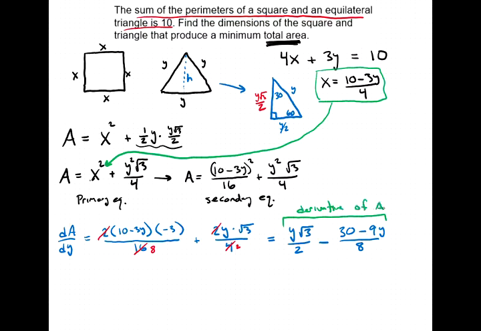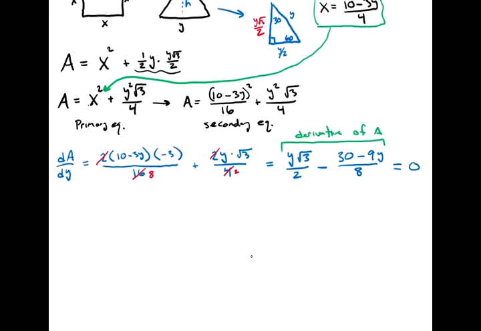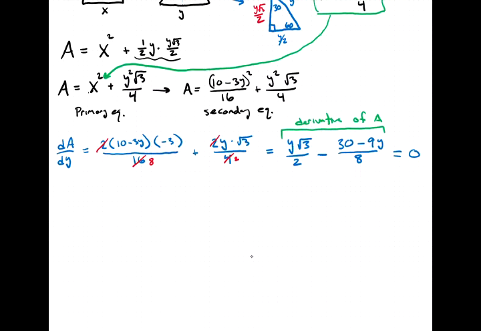Derivative of A. All right, so when is the derivative equal to 0? That's where our critical values are. Those are the potential places where we could have a minimum value. So we'll take this and set this equal to 0. All right, so let's solve that equation. We could multiply both sides of the equation by 8 to get rid of those denominators.